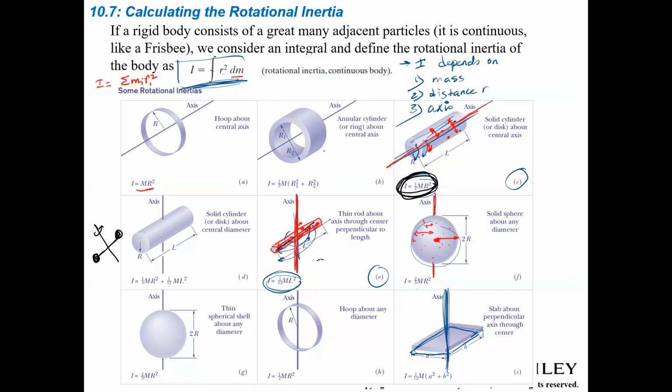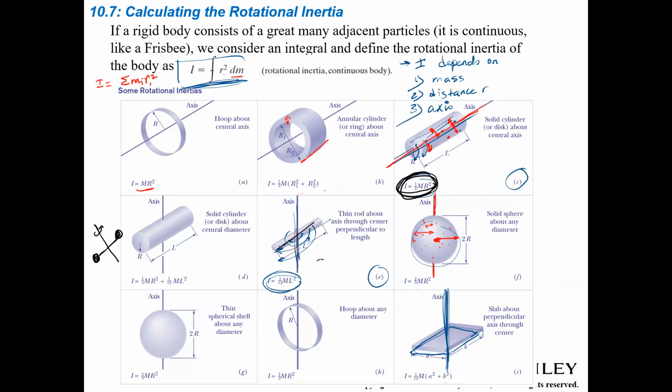Here I have a ring or an annular cylinder, so this is empty in the middle, but it has some non-zero thickness, and then I have to account for both radii, and the rotational inertia is half m (r1 squared plus r2 squared). I have here a rod with the axis perpendicular to its own axis.